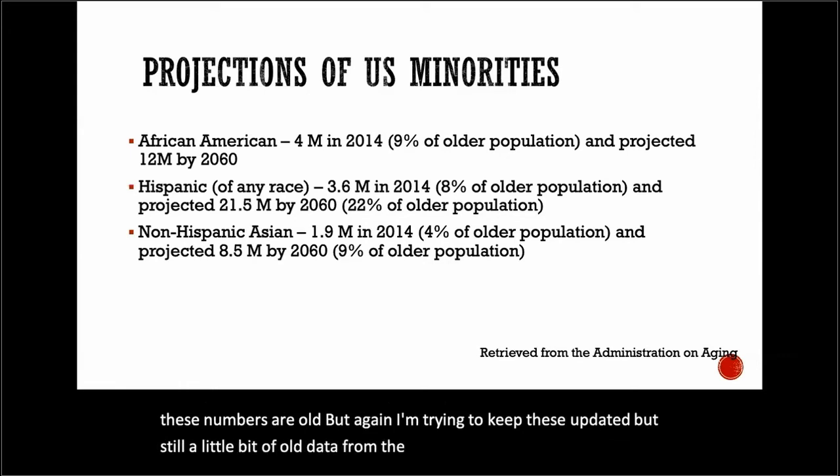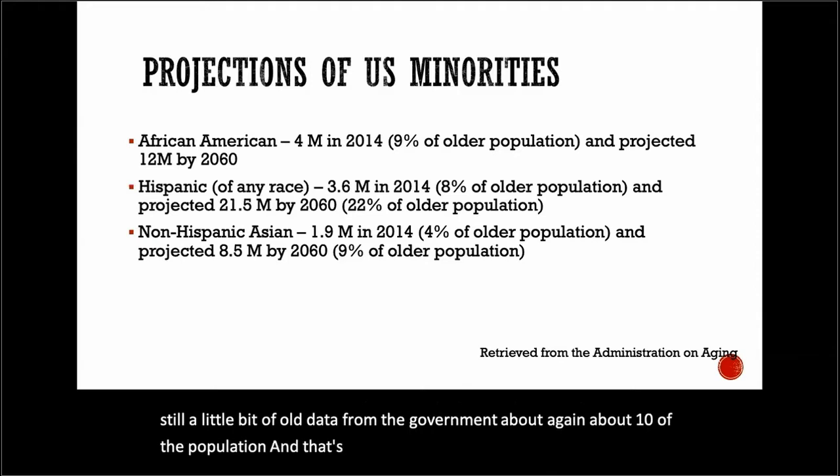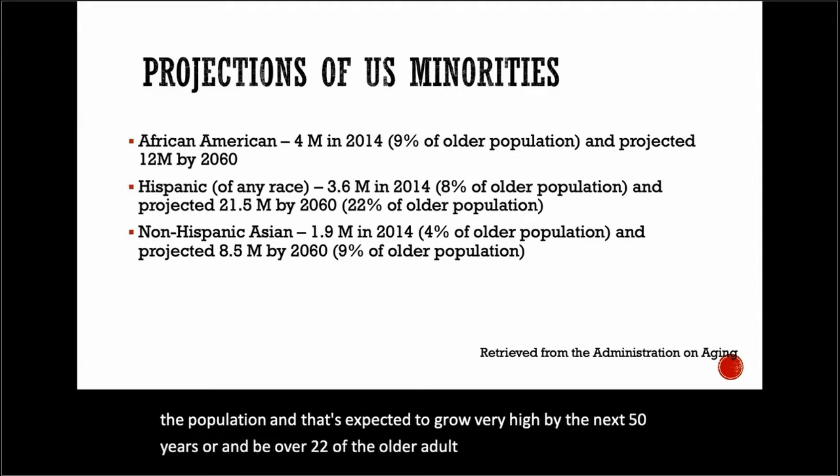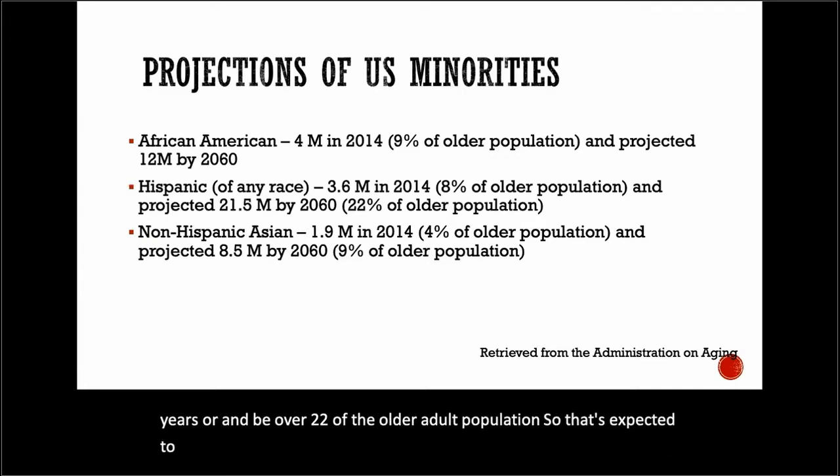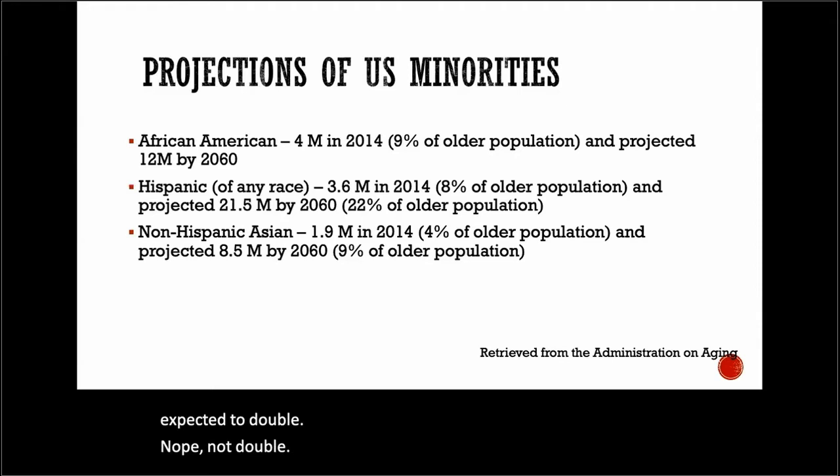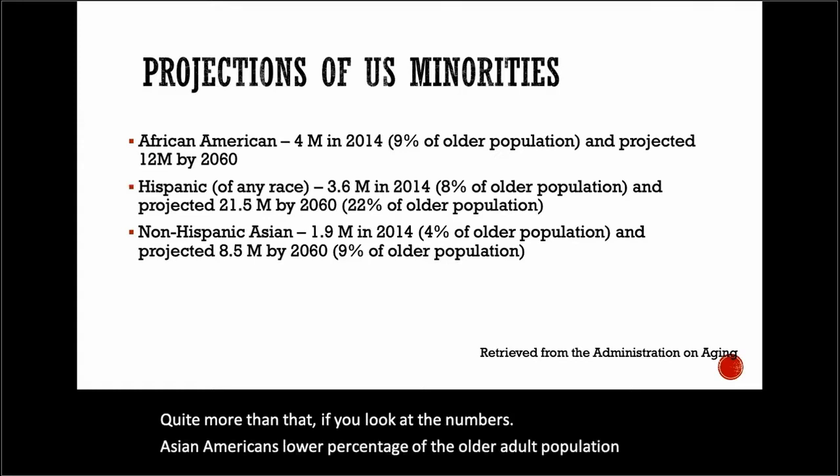About 10% of the population, and that's expected to grow very high by the next 50 years or so, and be over 22% of the older adult population. So that's expected to double. No, not double. Quite more than that if you look at the numbers. Asian Americans, lower percentage of the older adult population, but also expected to grow.